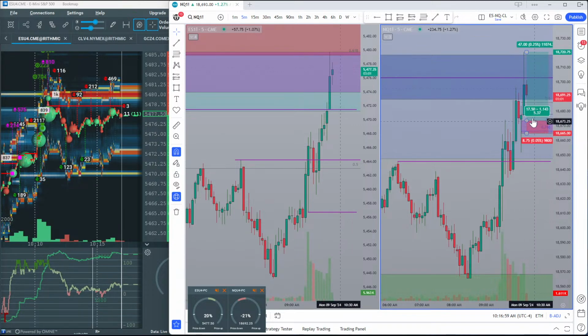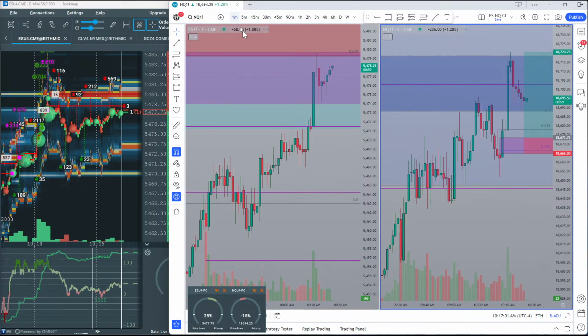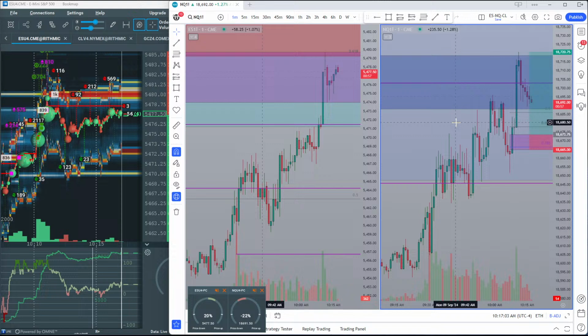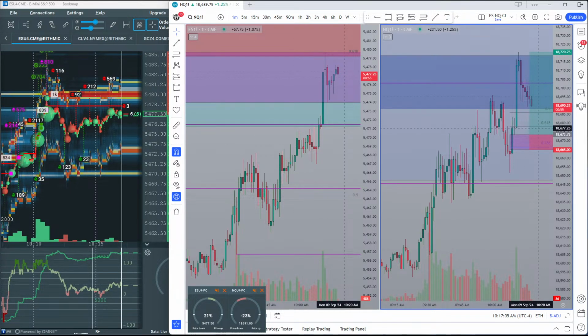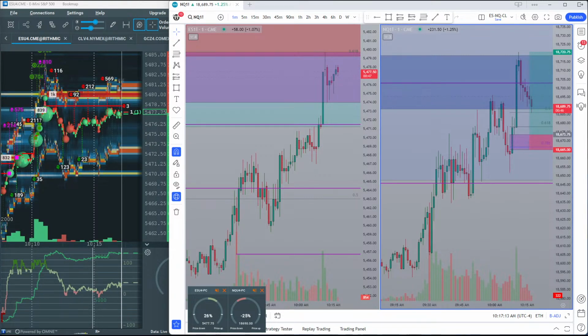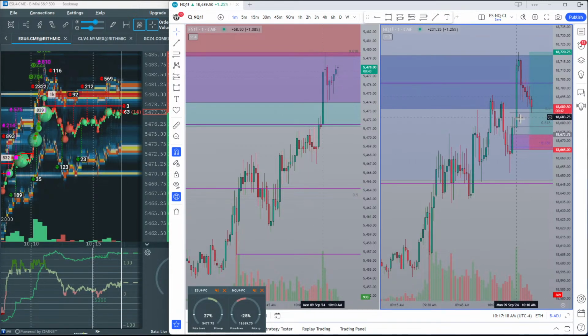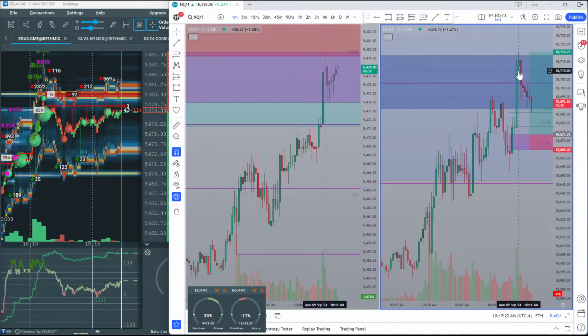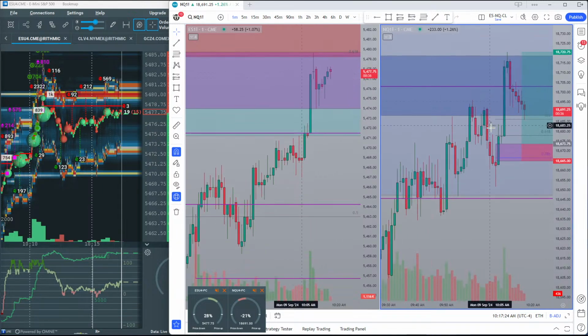Let's see if this offers a trade setup. NASDAQ to that discount level, so that's the 50%. So you would want to buy anywhere under the 50% if you're looking to go long from a bull trend, from a push higher.